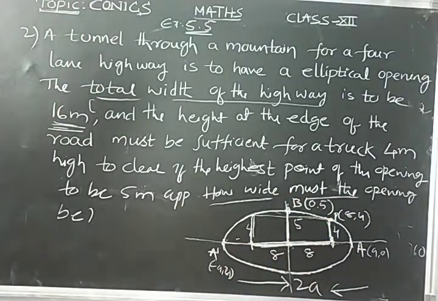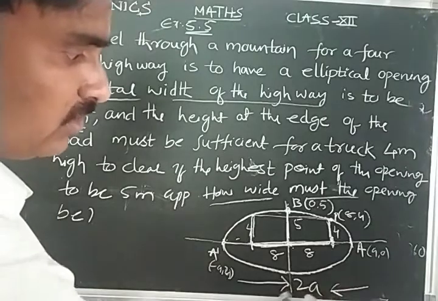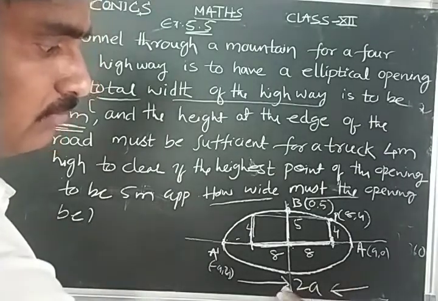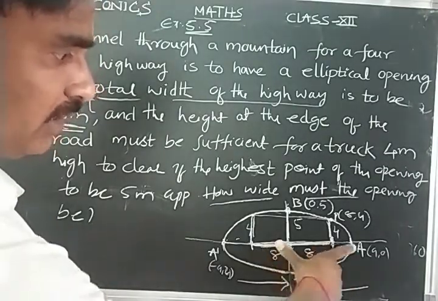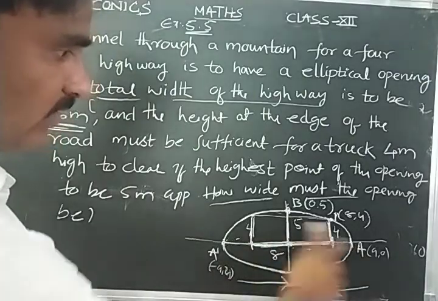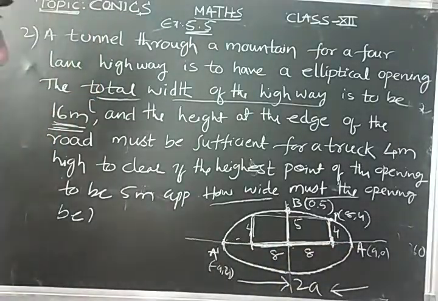Now I am going to find the value of a. After getting the a value, I will take twice of a, and automatically you will get the width of the tunnel at the opening.